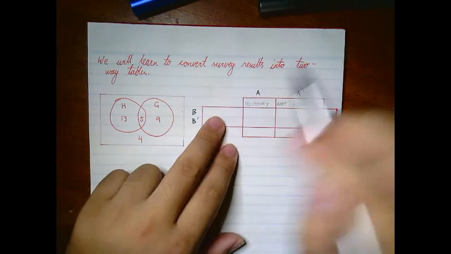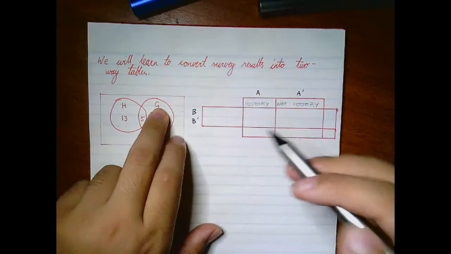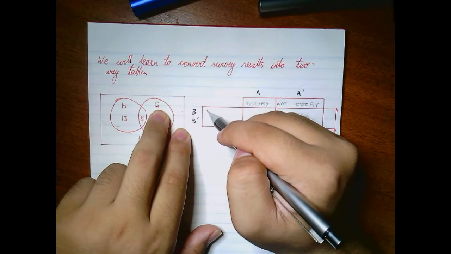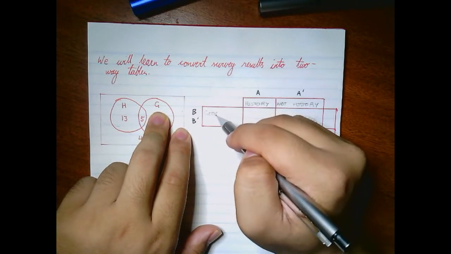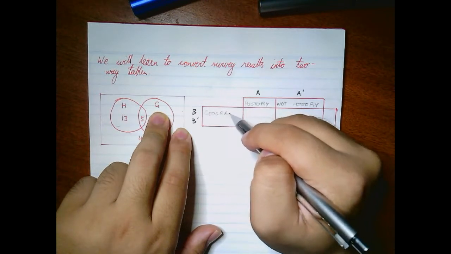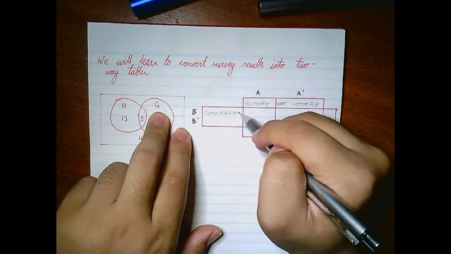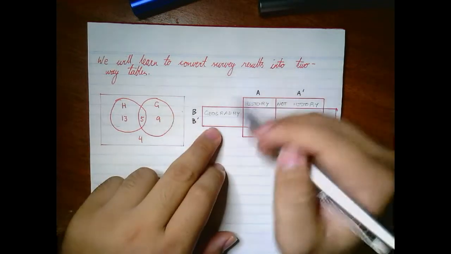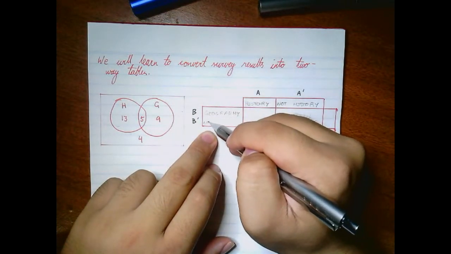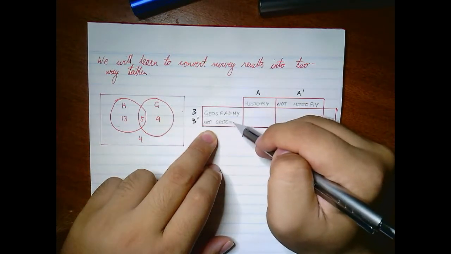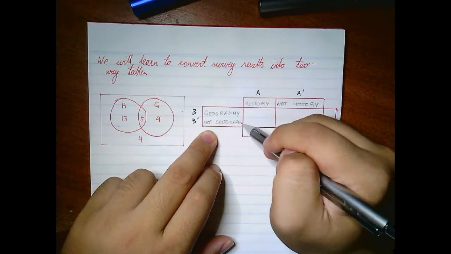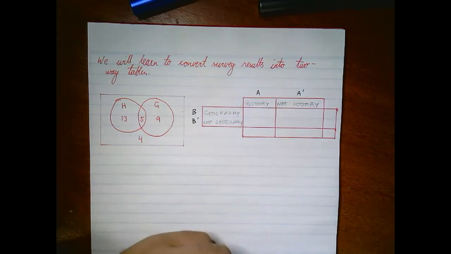And the same thing for this one. If that's A, this must be B, so we put geography here. And underneath it, it must be not geography. Is that going to fit? I'll make it. There we go.